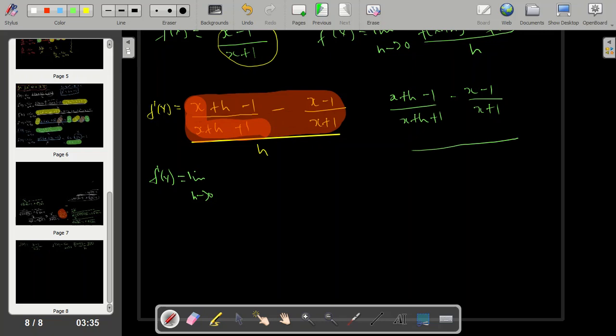So this will be x plus h plus 1 times x plus 1. So on top we are saying this one will multiply with this thing, so x plus 1 times x plus h minus 1, minus x minus 1 multiplying x plus h plus 1, like that.